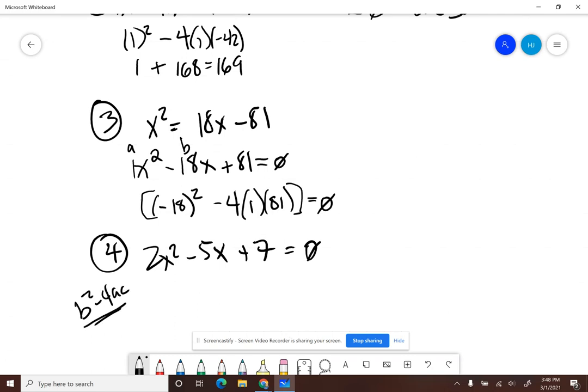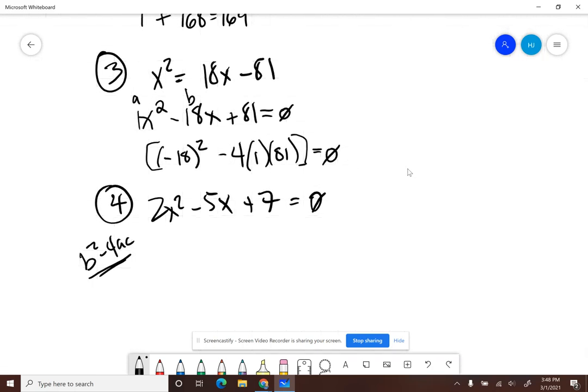I'll just write it over there so you can remember what we're doing. So if we think about this, this would be negative 5 squared minus 4 times a, which is 2, times 7, which is our c term. And again, we've got a, b, and c right here.